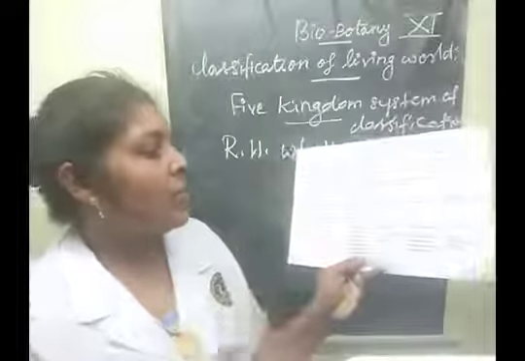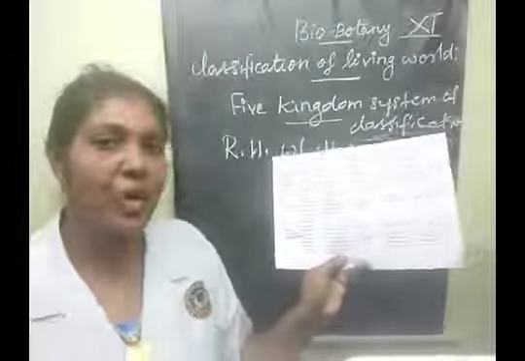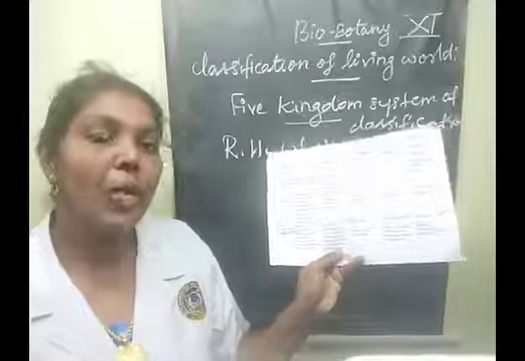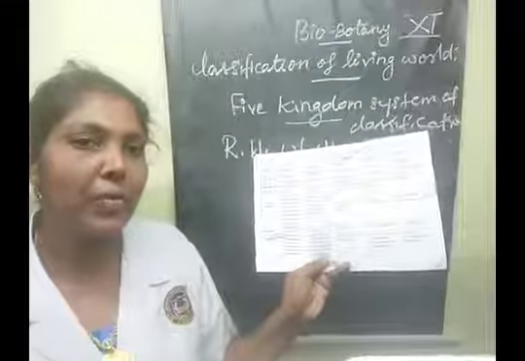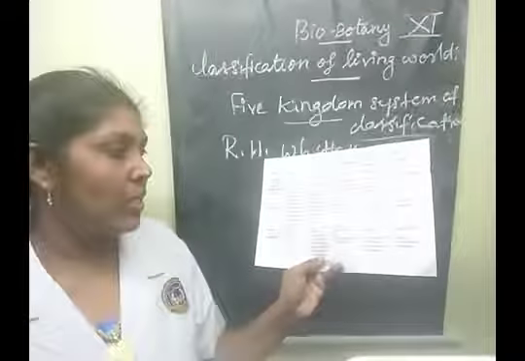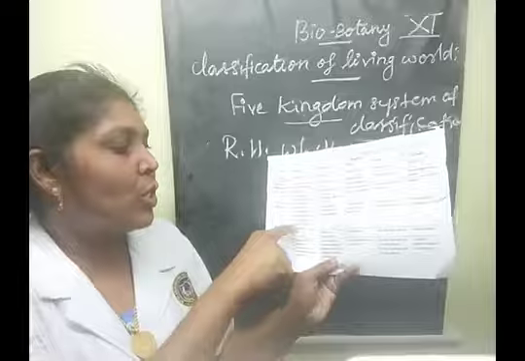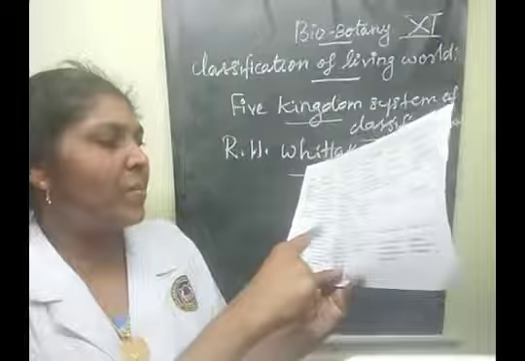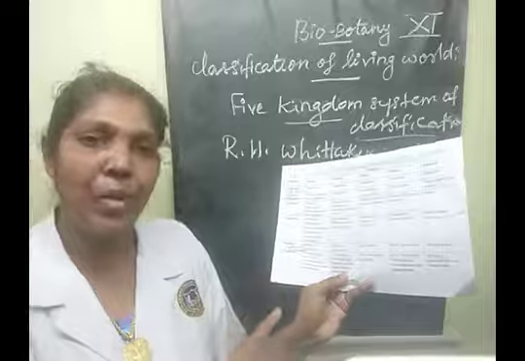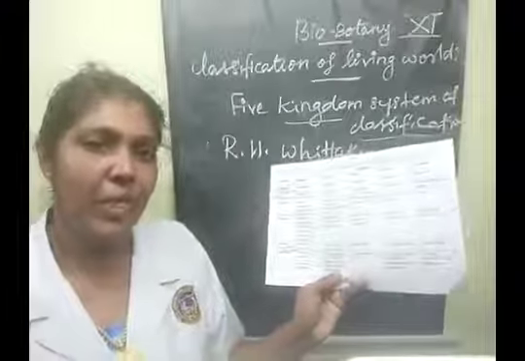Next one, the mode of nutrition. The mode of nutrition mostly comes under autotrophic and heterotrophic modes of nutrition. Autotrophic mode of nutrition means the organism prepares its own food. Am I correct? Yes. The autotrophic mode also comes under two types: photoautotrophic and chemoautotrophic.